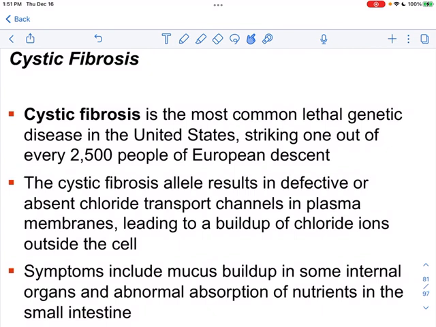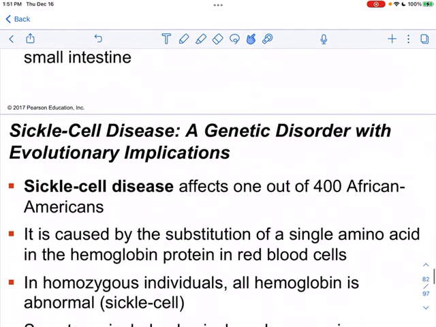It's a chloride transport channel that's found in our plasma membranes that leads to a buildup of chloride ions outside the cell. So symptoms of this disease include mucus buildup in some of our internal organs, and abnormal absorption of nutrients in the small intestines.